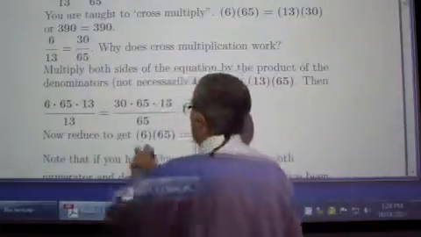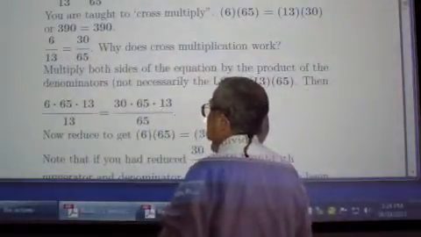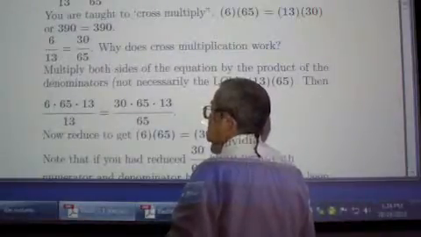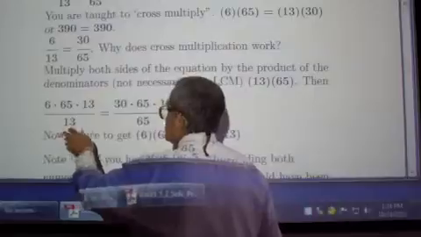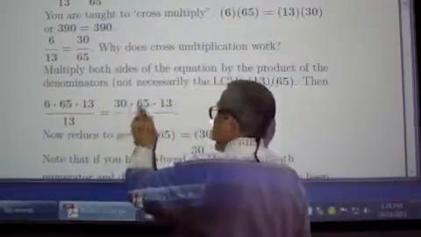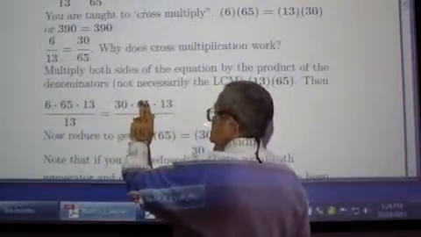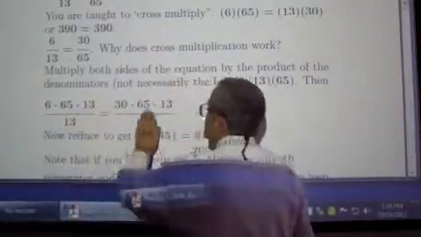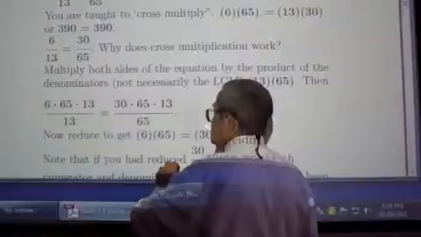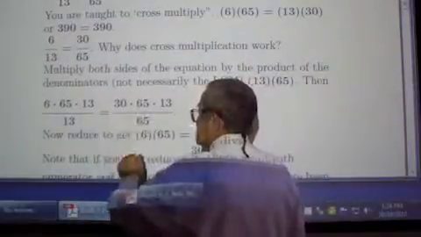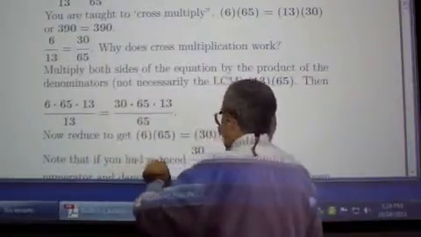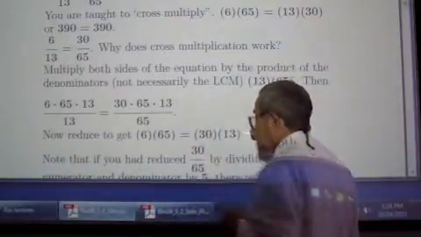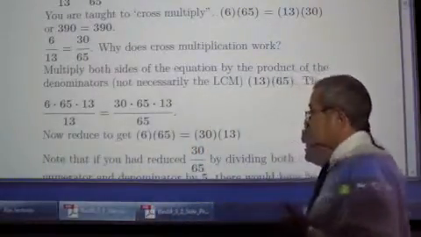And on this side, also multiply by 65 times 13. You can reduce this, the 13 over 13 is 1. You can reduce this, the 65 over 65 is 1. You are left with 6 times 65, which is equal to 30 times 13. The two fractions are equal. The denominators dropped out. You are left with what we consider the cross product.